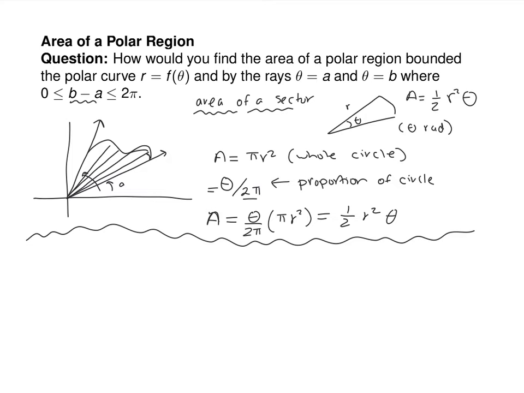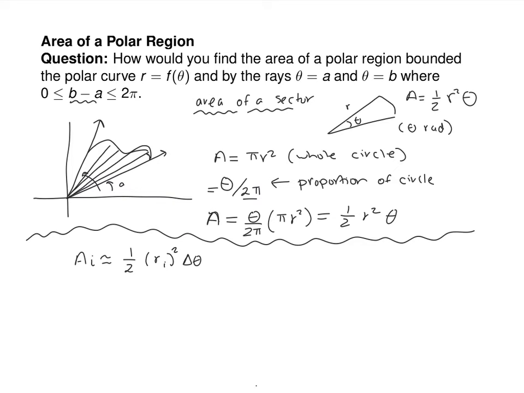So using that idea, the area of a single little slice is going to be approximately equal to 1/2 r sub i squared delta theta, because delta theta will be a little angle.